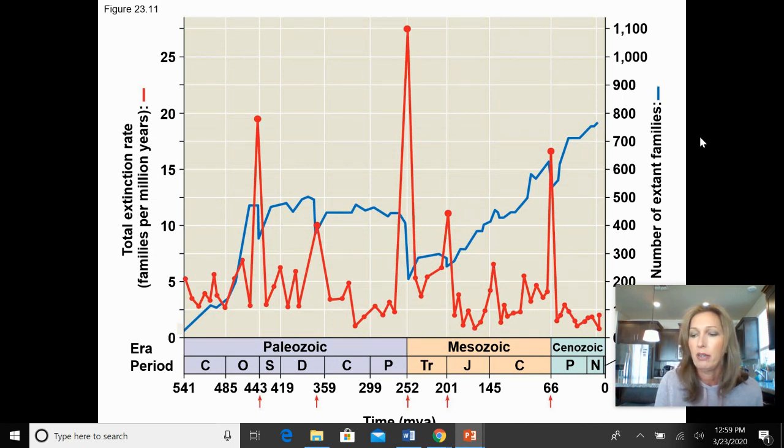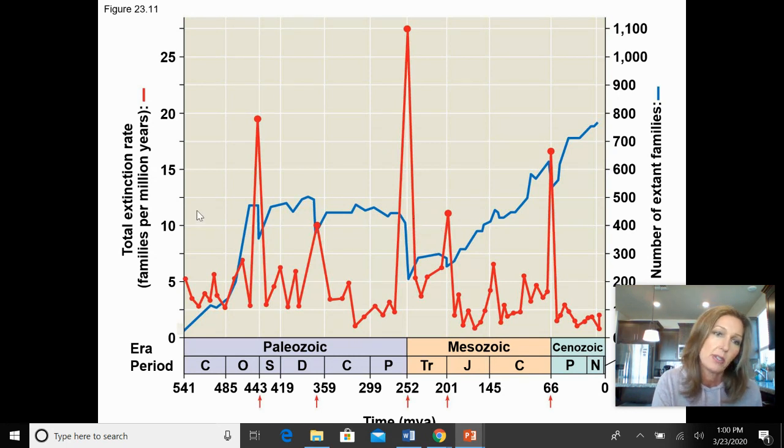Now, when we do talk about broad patterns of evolution, we cannot ignore mass extinctions. When we talk about the history of life on this planet, it's important to know that there have been five what are considered mass extinctions. A mass extinction means that at least 50% of all marine life has gone extinct and no longer exists.